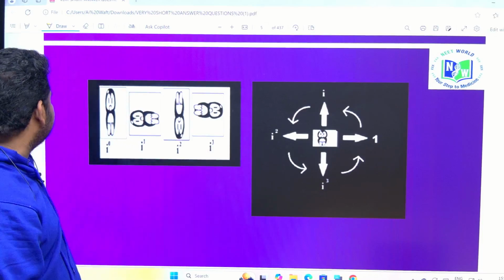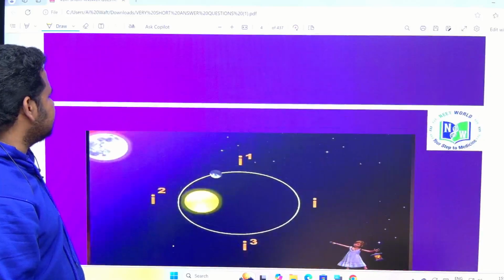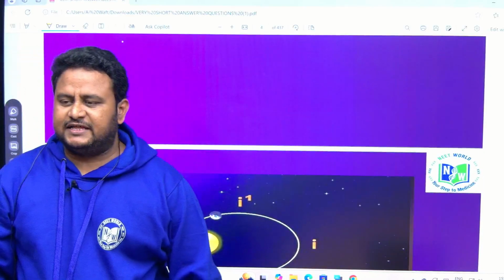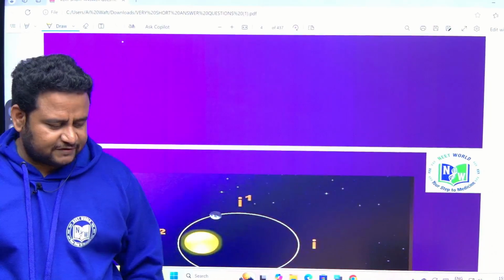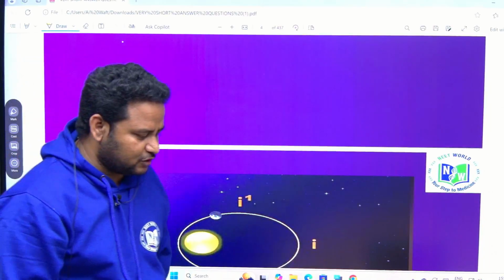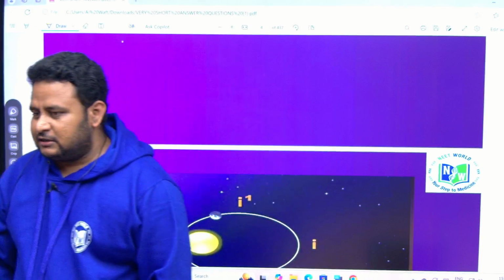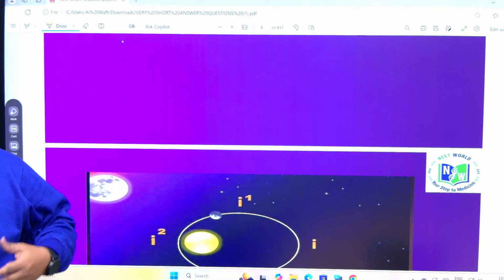Now, they indicate direction of movement, whether forward or backward. Suppose I want to move forward or backward, we use just real numbers apart from complex numbers.